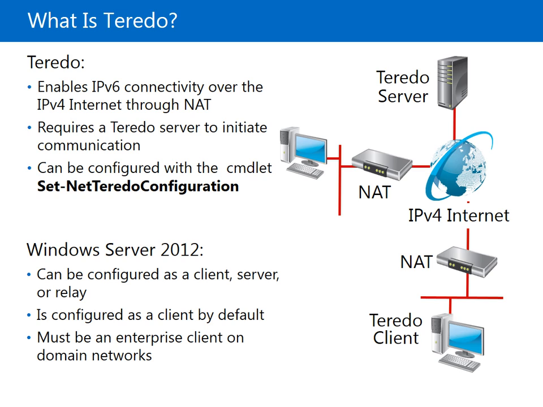By default it is going to be a client, and it has to be on a network that is running a domain. And if you have a NAT, network address translation service, going out to the internet, this one will work with it. 6-to-4 will not go through NAT, this one will.